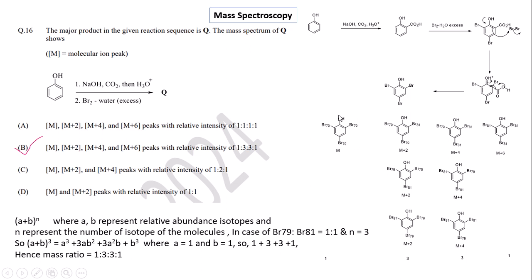So for the phenolic compound, if the mass is M with all the bromine atoms being the 79 isotope, and after that, if one is 81 and the other 2 are 79, then this becomes M plus 2, and the probability for the existence of this M plus 2 peak is 3.